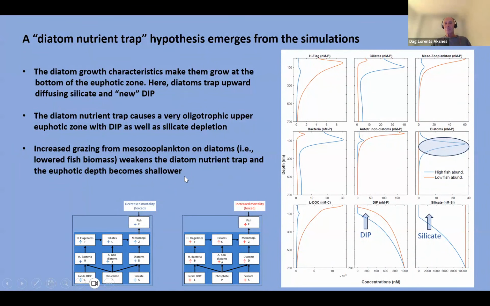And the euphotic depth becomes much shallower, simply because there is no trapping of the nutrients by the diatoms, and then there are more both regenerated and new nutrients up in the upper part of the euphotic zone. Okay, so this is the hypothesis that emerges from this study, and which was the surprising part.